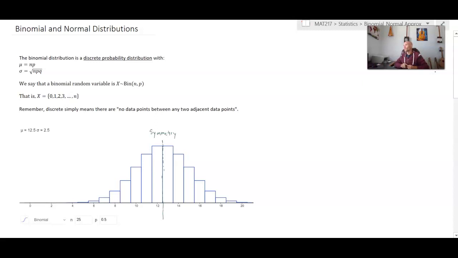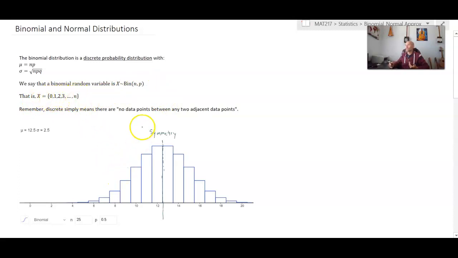The binomial distribution, though, is a discrete probability distribution. Discrete means there are no data points between any two adjacent data points. So if we have a random variable that is distributed as a binomial with n trials and probability of success on each trial equal to p, then the random variable can take on values from 0 all the way up to n.